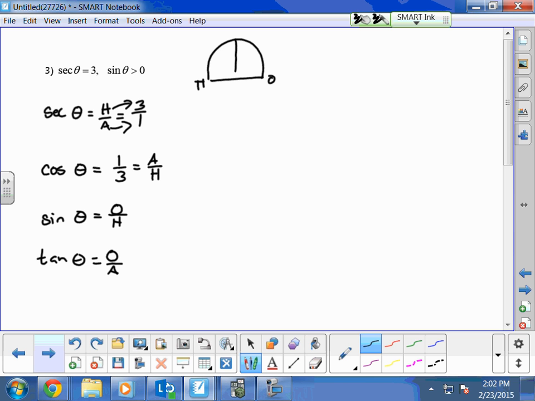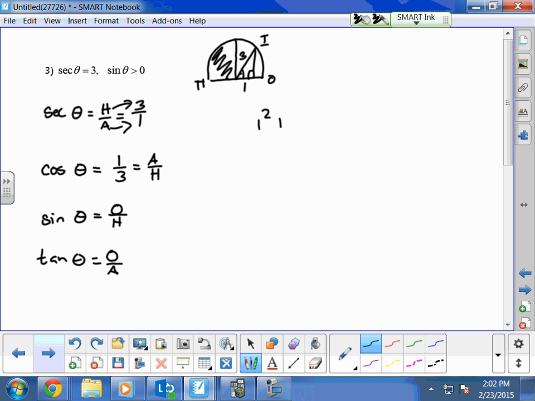And since you're figuring out that the adjacent is positive, that rules this out, because remember, this is related to secant. So your central angle is going to be here, quadrant 1. So when you draw this angle here, your adjacent is going to be 1, hypotenuse is going to be 3. You go ahead and get your opposite pretty easily.